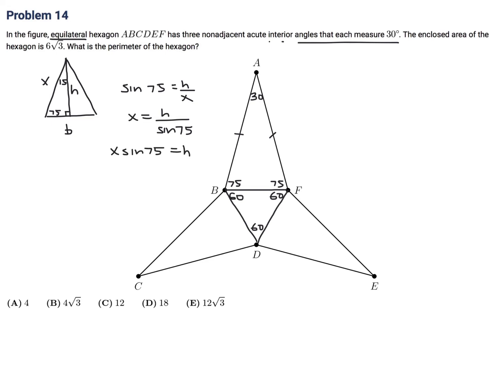Let's see what we get. And then similarly, cos of 75 is going to be b over 2, remember, just from there to there, over x, and therefore x is equal to b over 2 over cos of 75, or 2x cos 75 is equal to b.